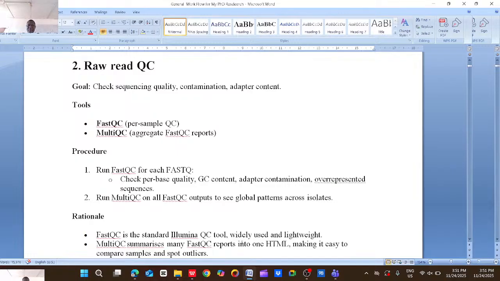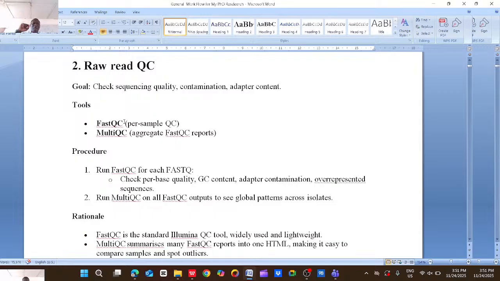So go check sequencing quality, contamination, and adapter contents. And the tool you will make use of is FastQC. This FastQC is used per sample. So it's going to clean it one by one.